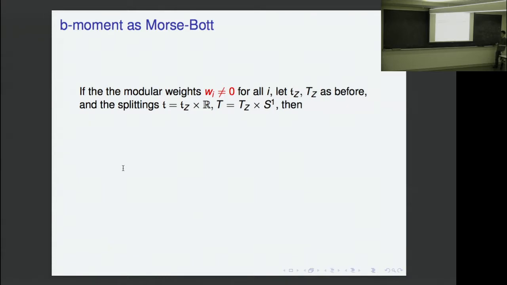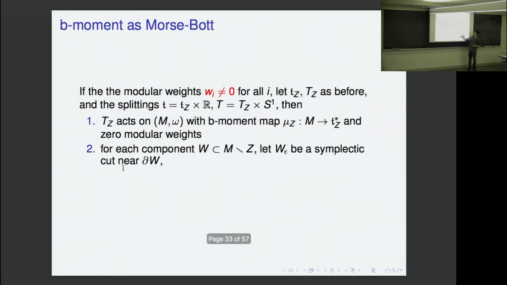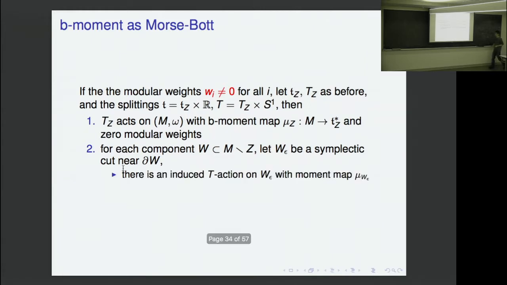consider this splitting into a subtorus, and then the subtorus is going to have 0 modular weights, and this goes back to the previous case of 0 weights. And then we can also take out every such open component outside of the singular locus, and then do the symplectic cutting, and then apply those Morse theoretical results in the symplectic case to the symplectic cutting, and then translate the results back to the b-symplectic manifolds.